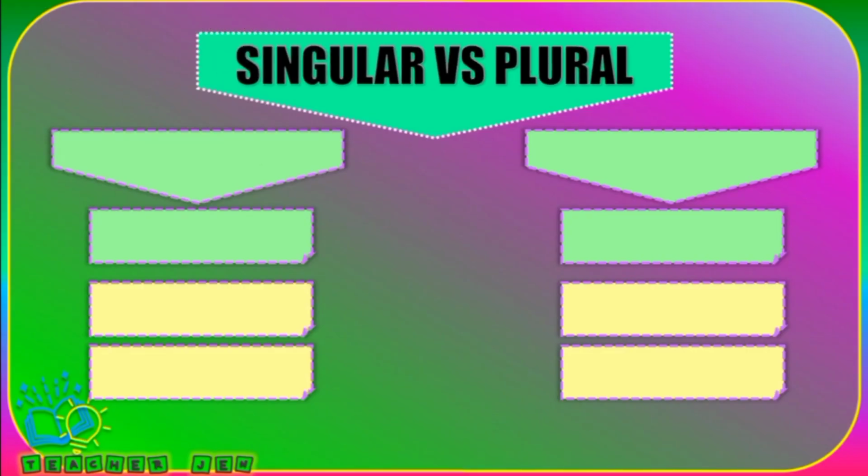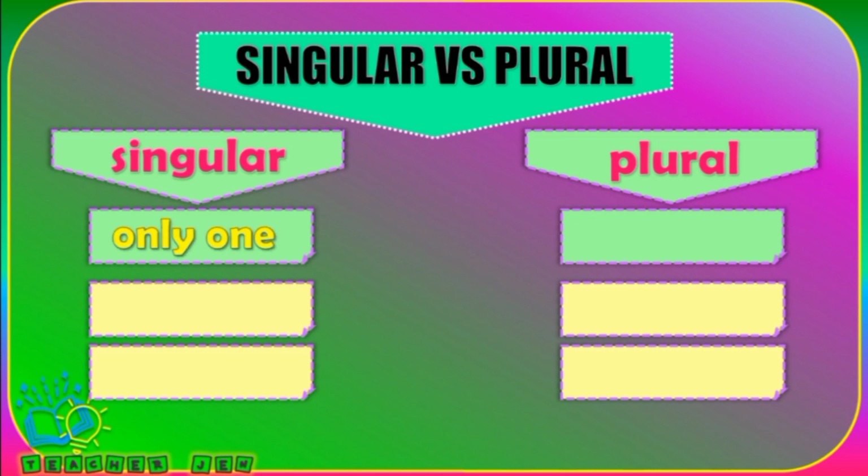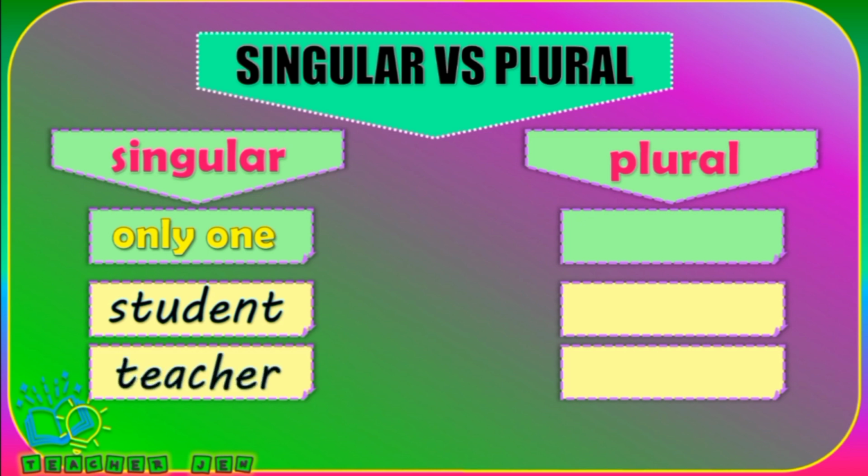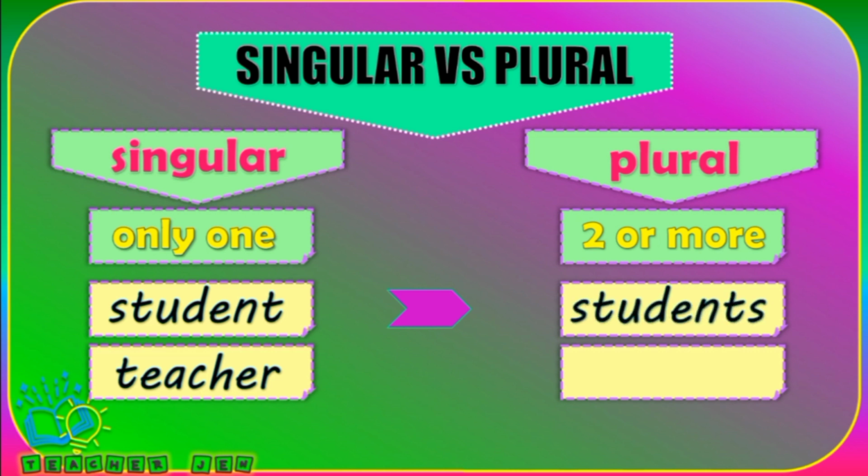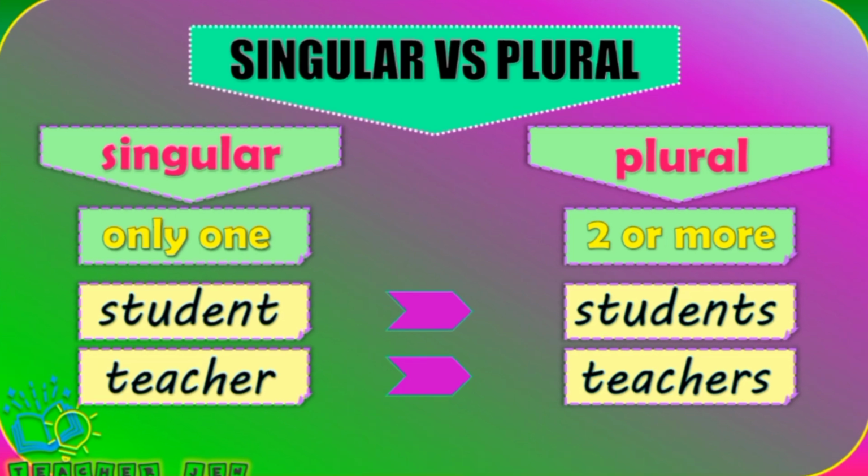In learning the proper use of is, are, and am, we need to consider the difference between singular noun and plural noun. Remember that singular noun means only one. For example, student or teacher. Plural noun means two or more, just like students or teachers. What do you observe?